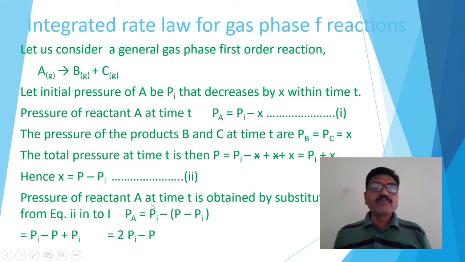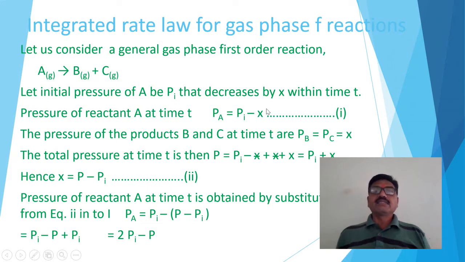Now see, the pressure of reactant A at time t is obtained by substituting the value of X from equation 2 into equation 1. So Pa is equal to Pi minus, in brackets, P minus Pi.